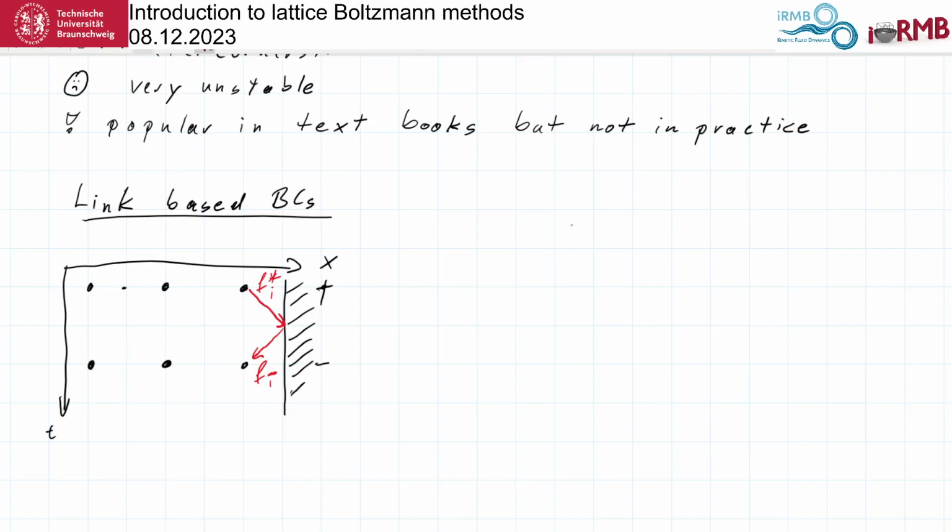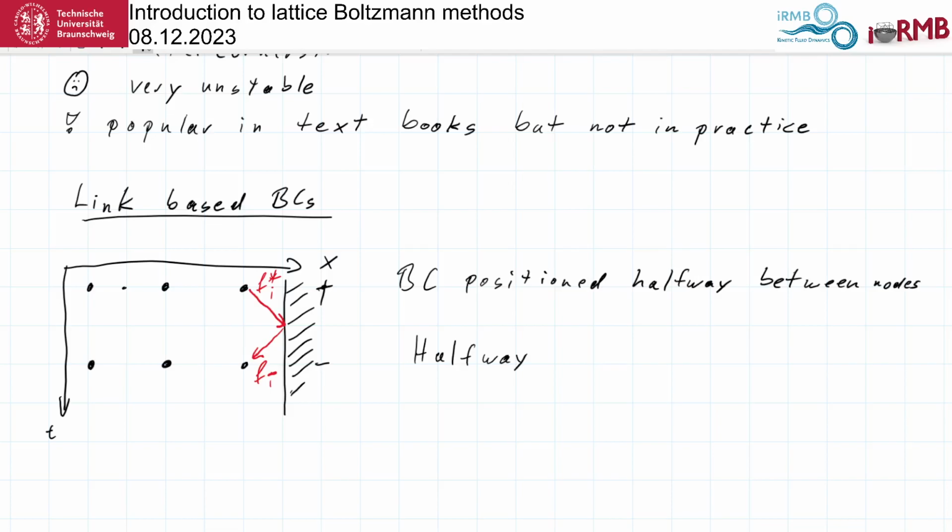So in this picture, the boundary condition is positioned halfway between nodes. And this is why it's called halfway bounce back. There are people who don't like this name, but we'll not discuss this now.